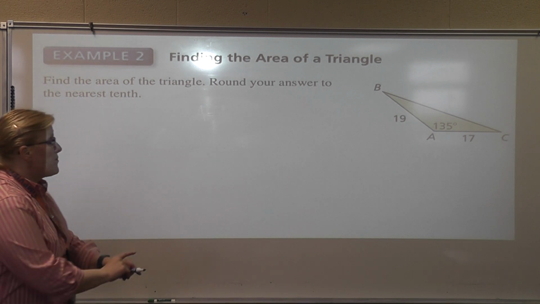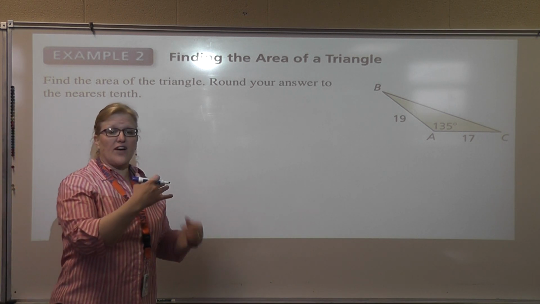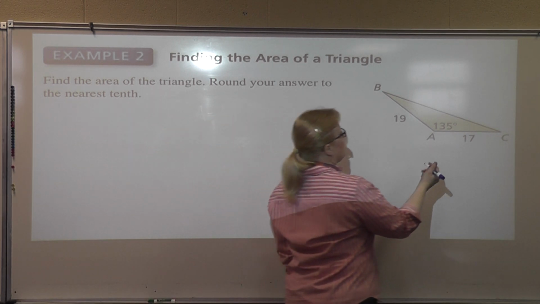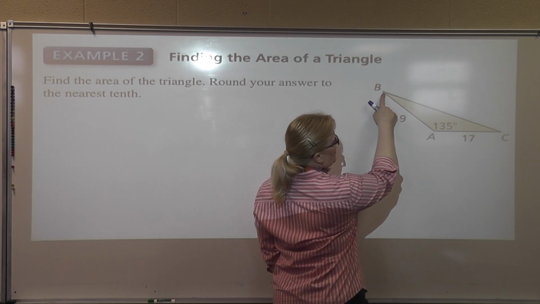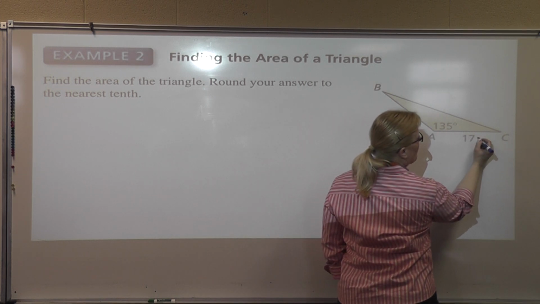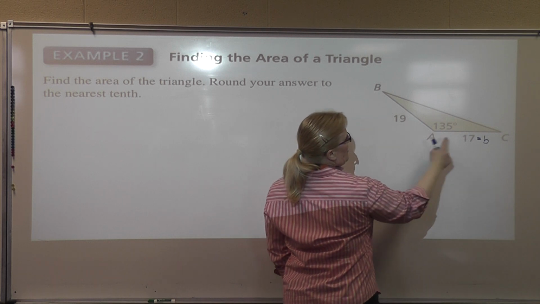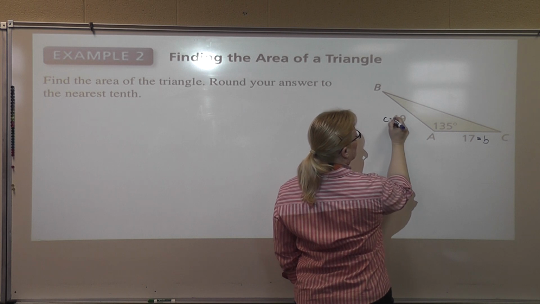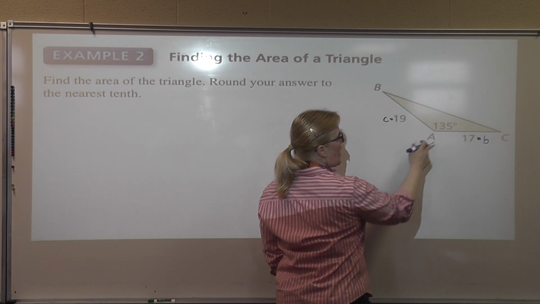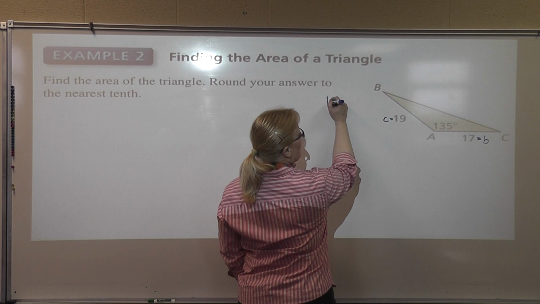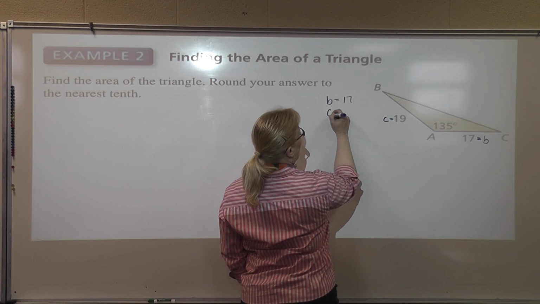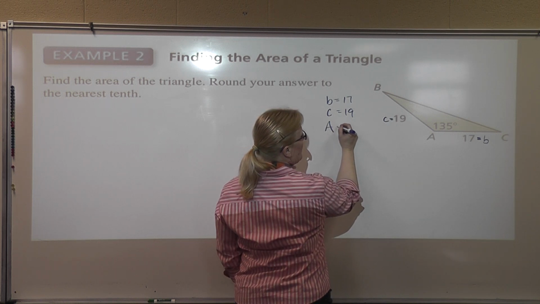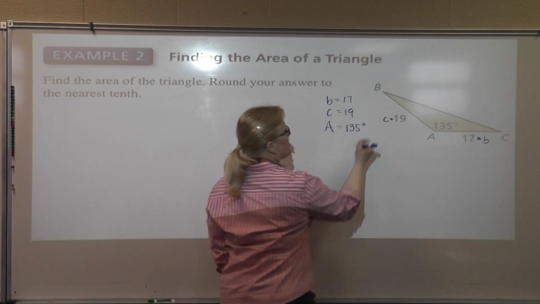Okay, so we saw how to find an area of a triangle using trig on that last one. And in this one, remember that angle B, the side that goes right across from that, that's my B side. My C side is the one that's opposite of the C angle, and I've got A. So what I've got here, B equals 17, C equals 19, and angle A is 135 degrees.